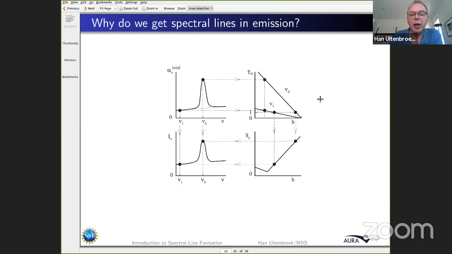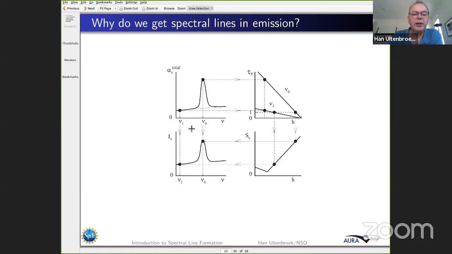So when you sample this source function at the height where the line core optical depth is unity, we see a higher temperature and therefore get a higher intensity than when we sample the source function at the optical depth unity of the continuum. We see a lower source function and therefore the continuum is lower.